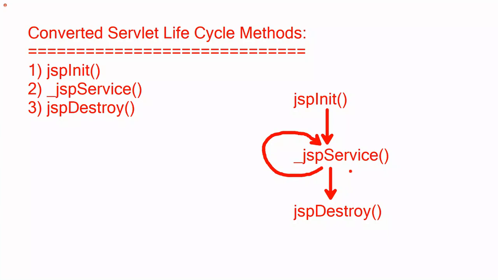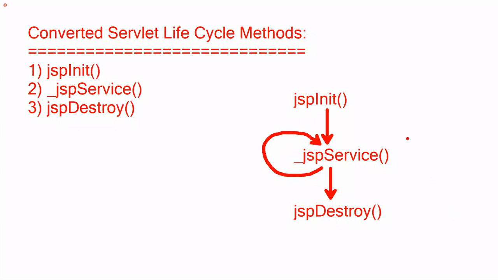Service, for every request. Destroy, whenever the servlet instance is removed. When is it going to be removed? Whenever the web application is undeployed or the server shuts down. You already studied that. Same concept here also.